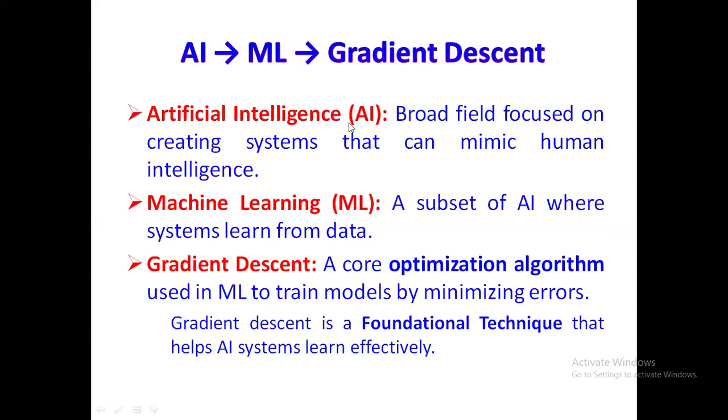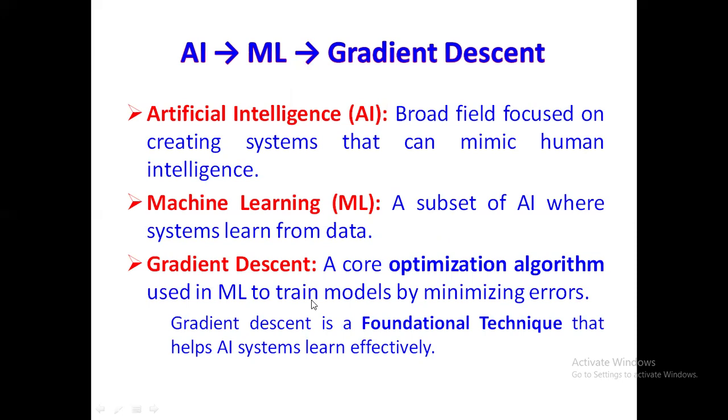Artificial intelligence, as you all know, is the broad field concerned with building machines or systems that can perform tasks typically requiring human intelligence, such as perception, reasoning, learning, and decision making. Within AI, machine learning, that is ML, is a specialized subfield focused on developing algorithms that allow systems to learn from data without being explicitly programmed.